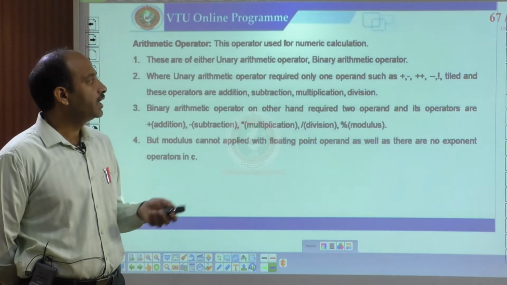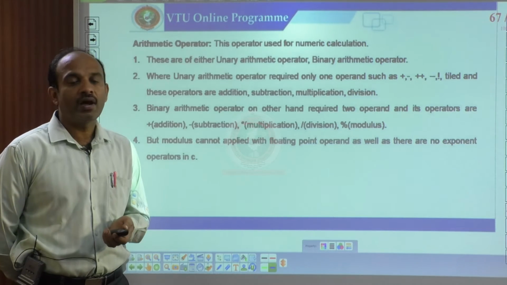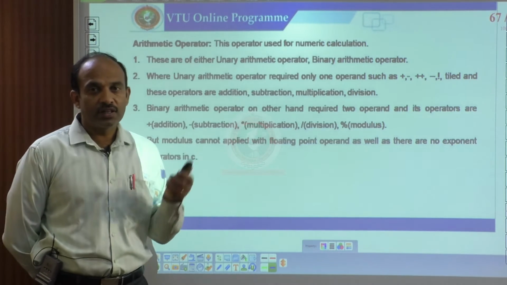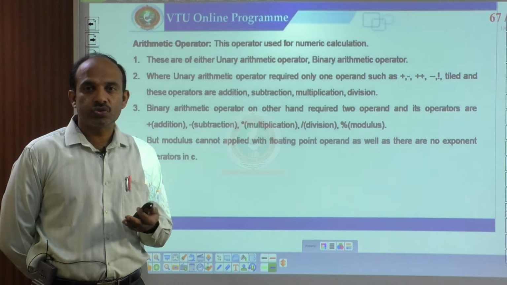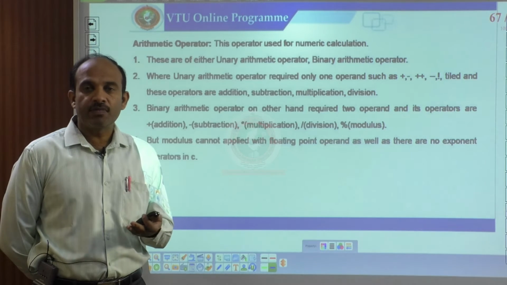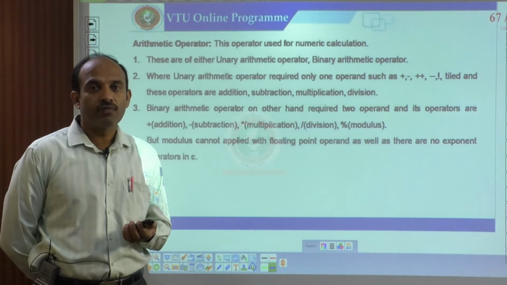Unary arithmetic operators require only one operand. As we have seen in the previous slide, there are some operators which expect two operands and some which expect only one operand.